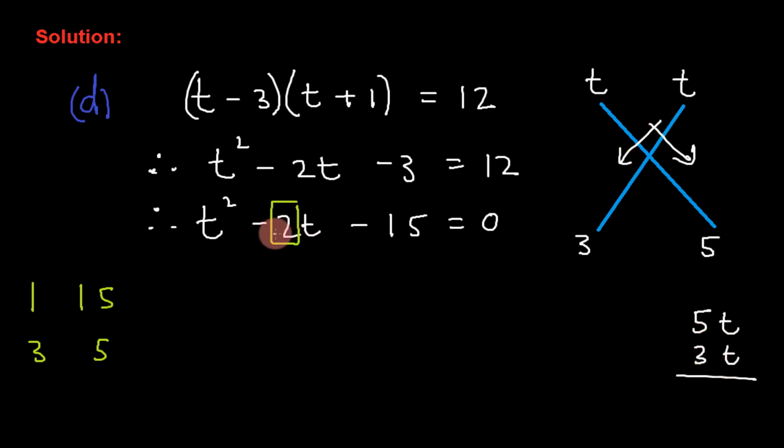Our middle term must be negative 2t. So we need a minus in front of 5t and a plus in front of 3t in order to get negative 2t. That means we need a negative here and a positive here.